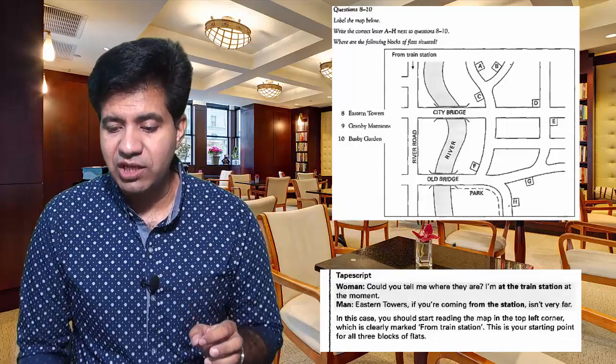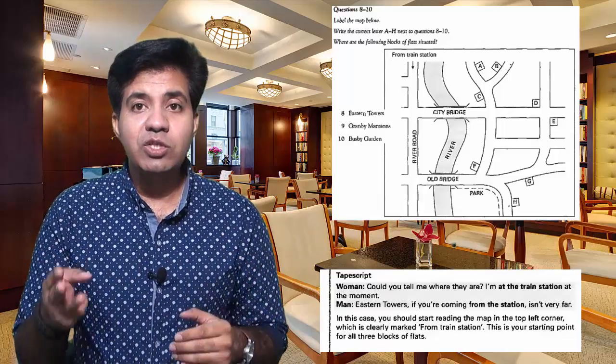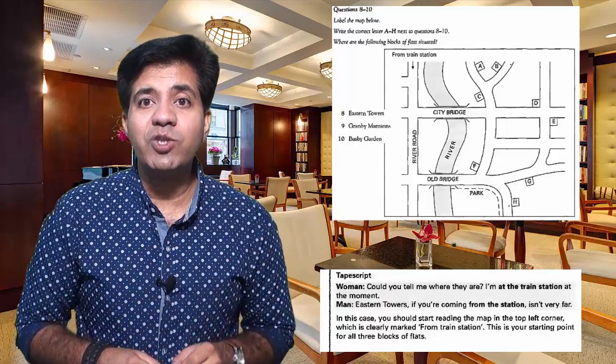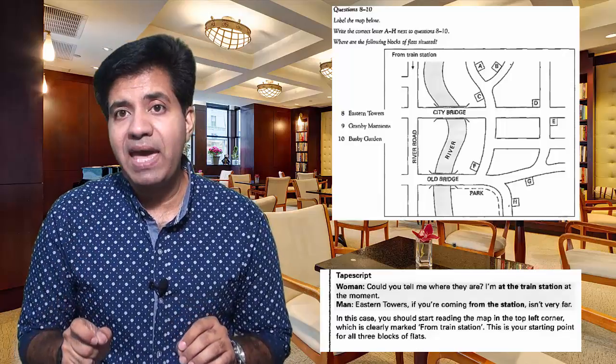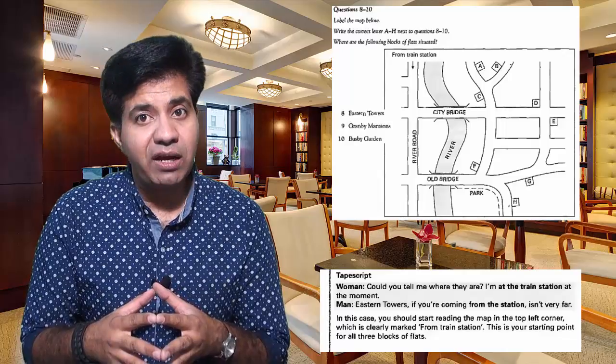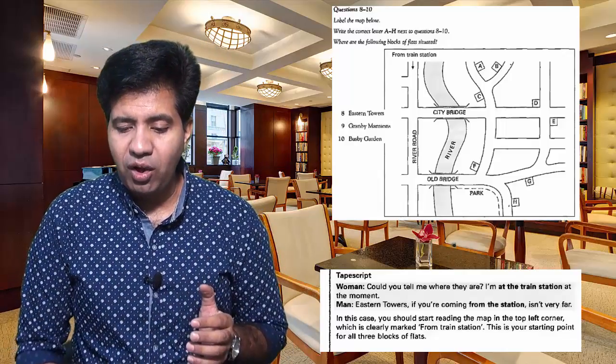This is your starting point for all 3 blocks of flats. You've got 3 questions. For all 3 answers, that is your starting point. Whenever there is a map, a plan or a diagram, you must identify the starting point, because each time they will take you from the starting point onwards.